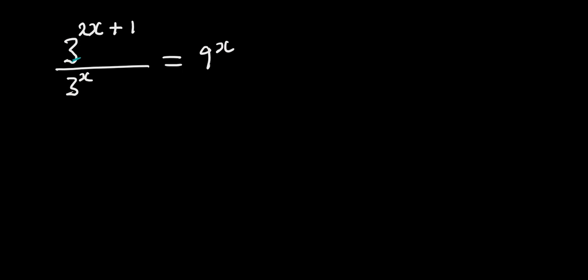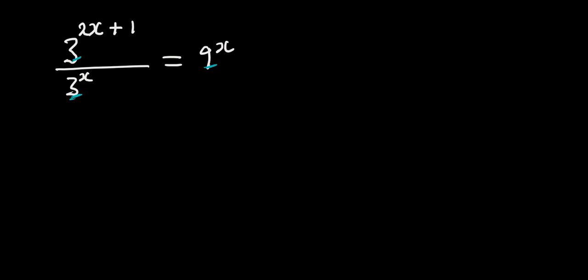This is the base, and also this is the base, and 9 is also a base. So the first task is to try and ensure that we have a uniform base. Which means that we are going to change the value 9 to a base of 3 to a certain exponent.